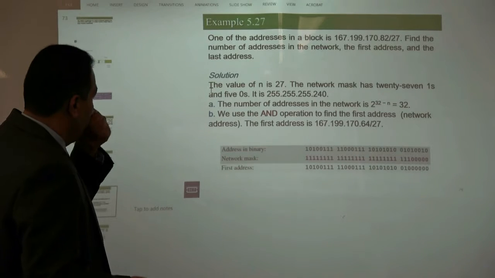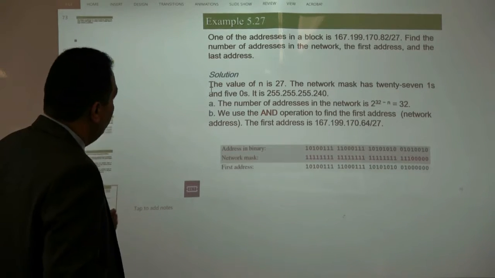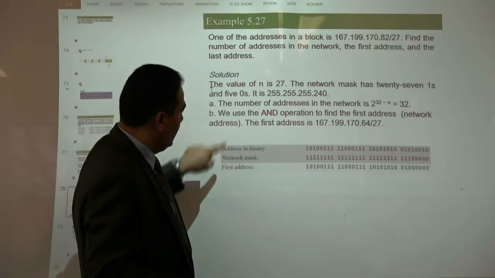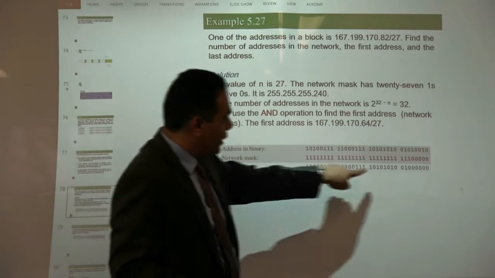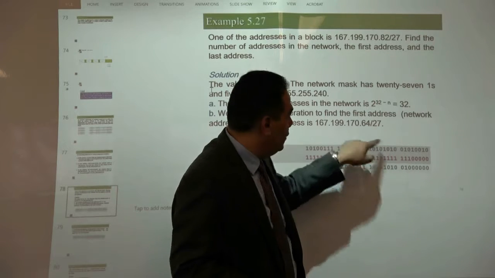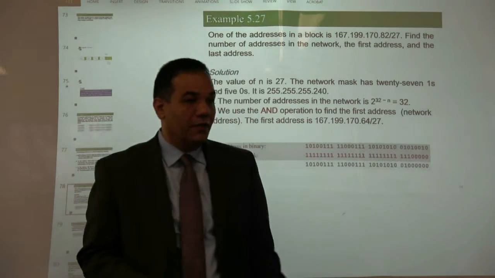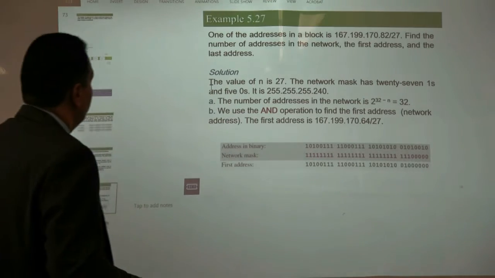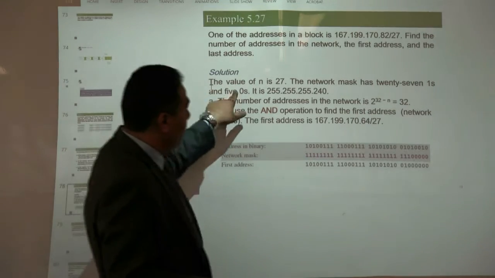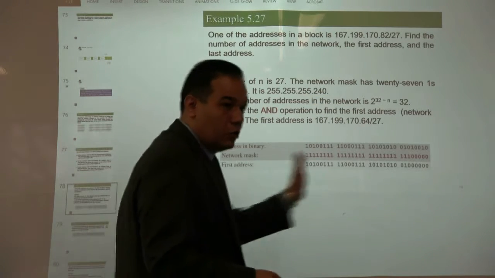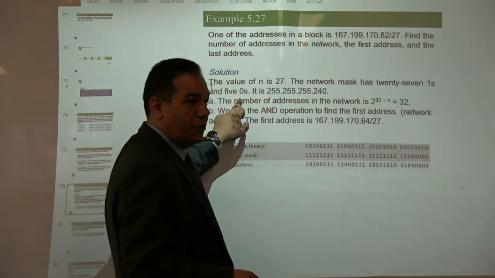So that's what we do in here. Look at this address, and this is the subnet mask we just calculated. Remember the 3 ones in here? You add them, and you get the first address. So the value of n is 27. The network mask has 27 ones, left to right, and the rest are zeros.